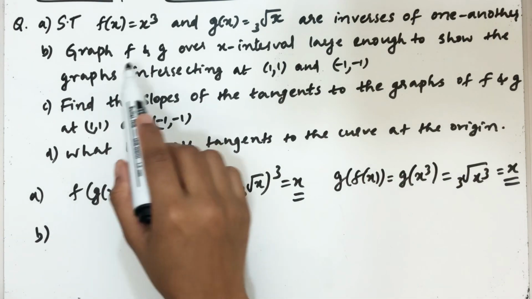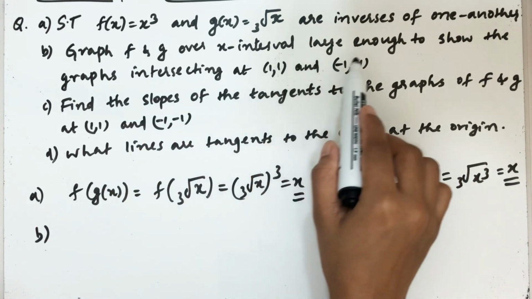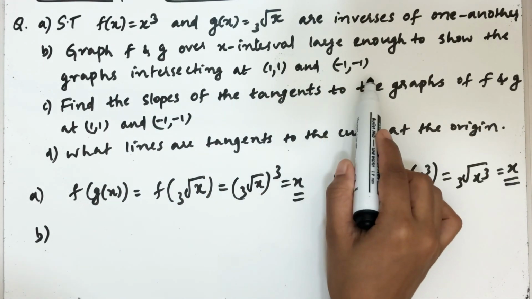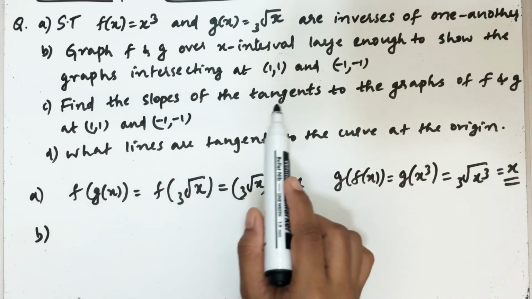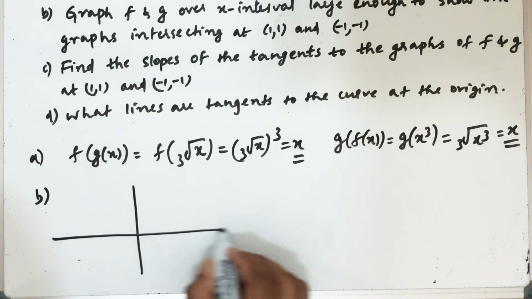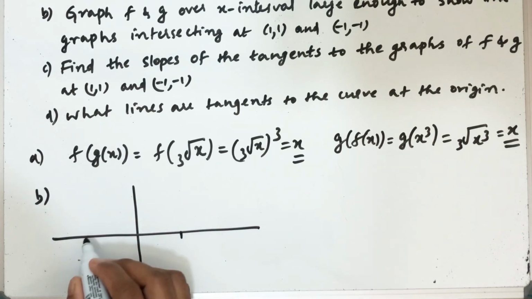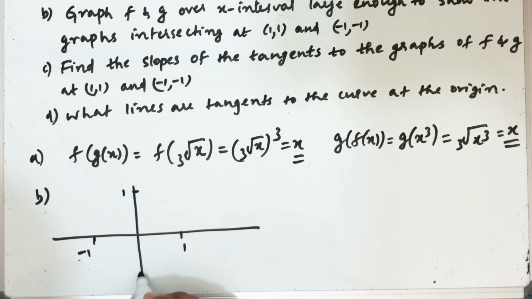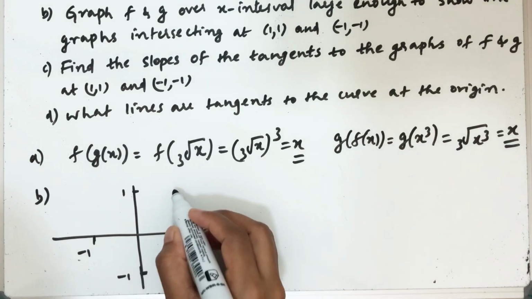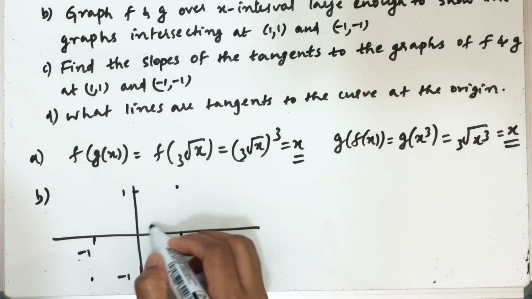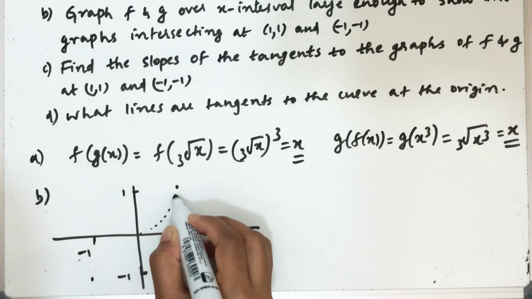Second part: graph f and g over an x interval large enough to show that the graphs intersect at (1, 1) and (-1, -1). We know the graph of x cube and cube root of x. So we can make the x interval large enough to show the points (1, 1) and (-1, -1). We know 1 cube is 1 and minus 1 cube is minus 1. So 0 cube is 0, like this.